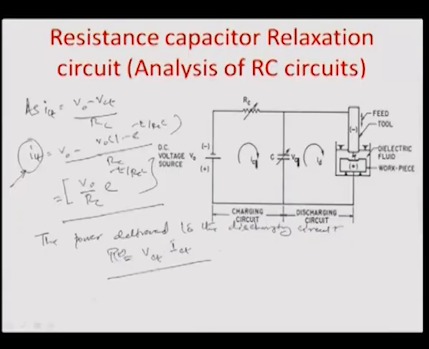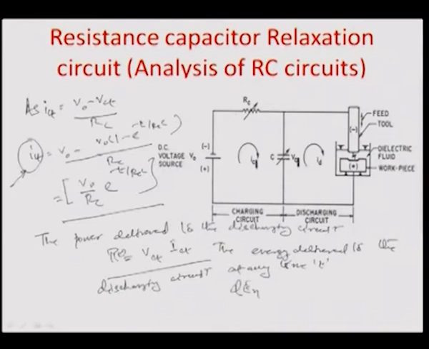And so, the amount of total energy delivered to the discharging circuit at any time t is given by dEn equals Ic(t) Vc(t) dt. That is the amount of energy which is discharged at a certain instance of time.